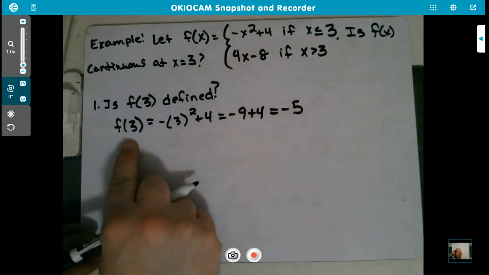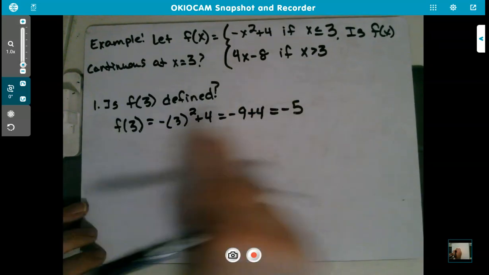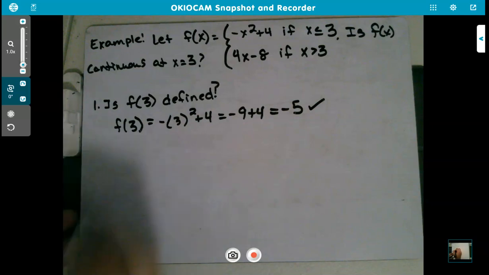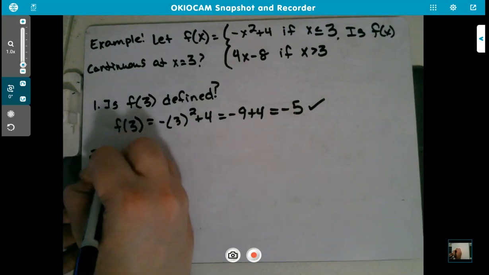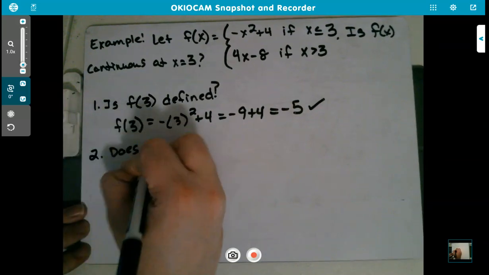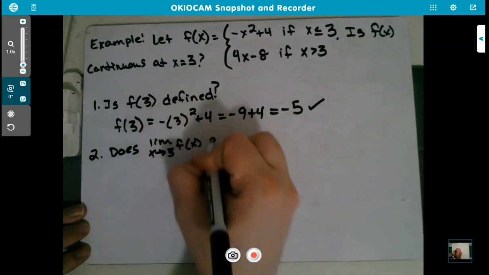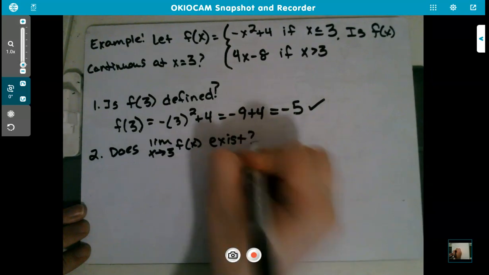So since I can plug in 3, I know that that's good. The first one does work. We're good with the first rule. So now let's move on to rule number 2, and I want to know, does the limit as x approaches 3 of f of x exist? That's what I want to know now.